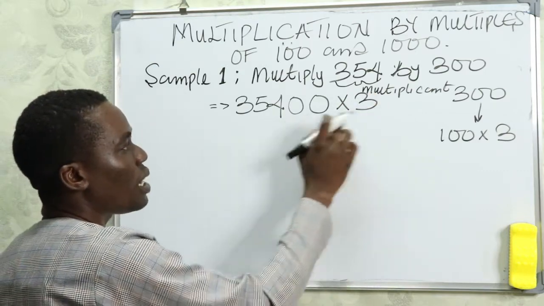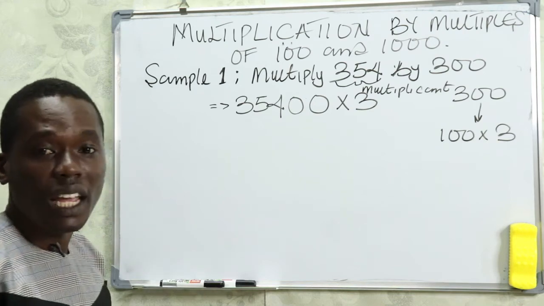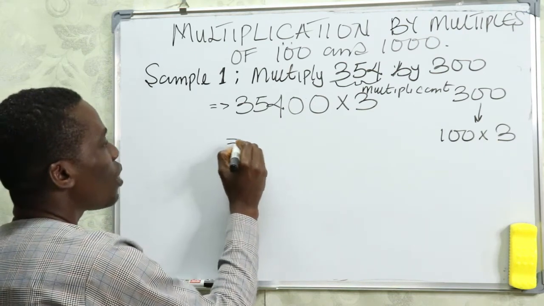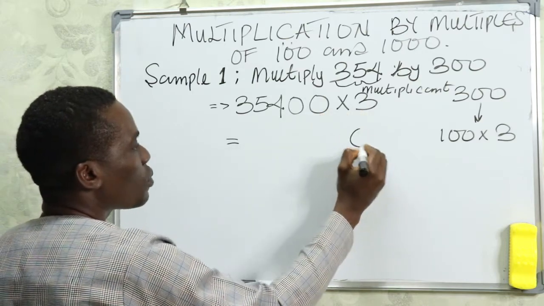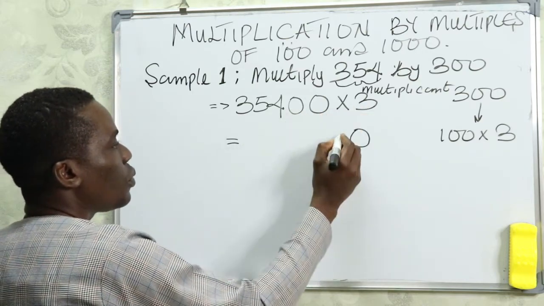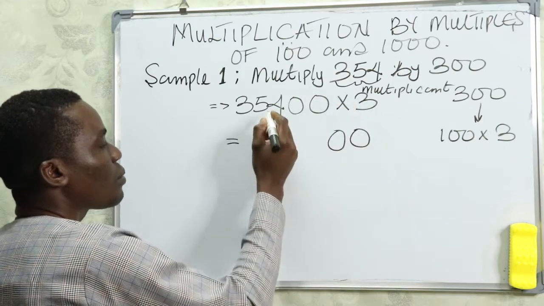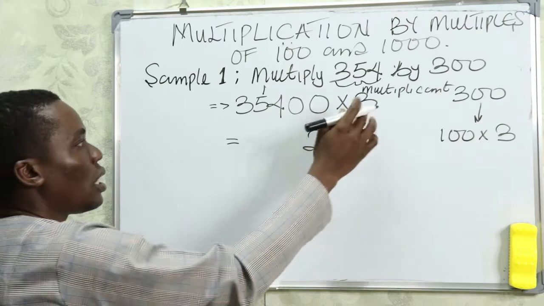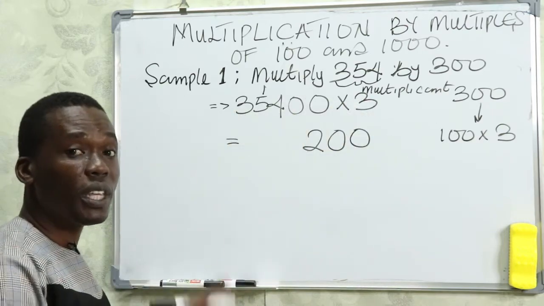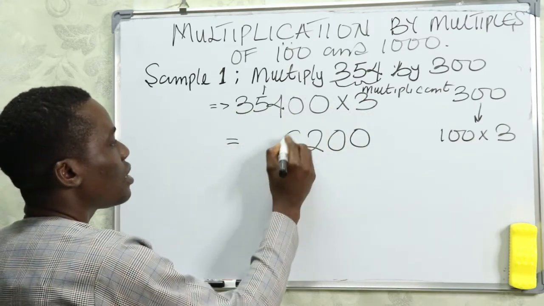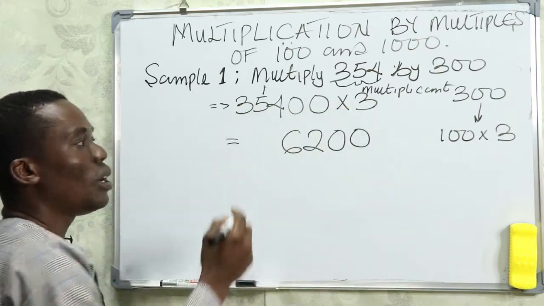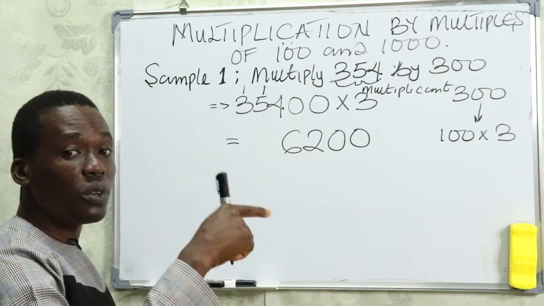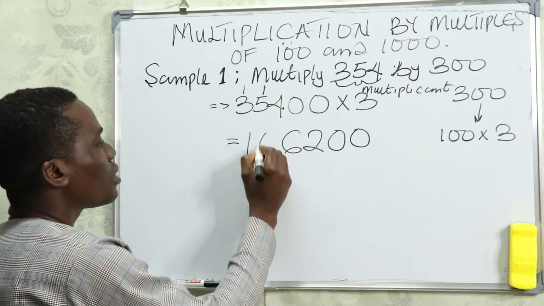So we are going to multiply our result by 3. Now when we multiply our result by 3, what are we going to have? 3 times 0 will give us 0. 3 times 0 will give us 0. 3 times 4 will give us 12. We'll carry the 1 and put down 2. 3 times 5 will give us 15 plus 1, that's 16. Good. Now 3 times 3 will give us 9, plus that 1 we took over, that will give us 10.